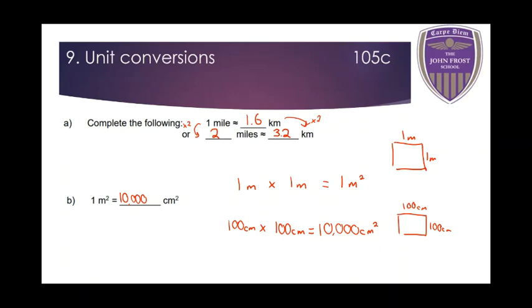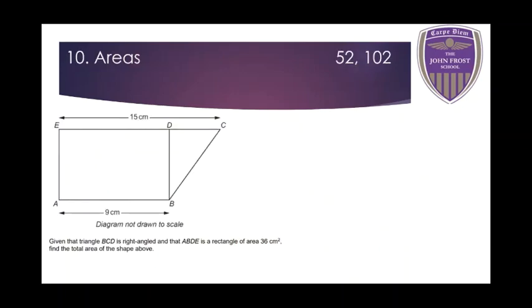Okay, so let's have a look at the next question now. Areas. So here we've got our triangle. It looks like a trapezium, looks like a rectangle and a triangle, depends how you want to think about it.